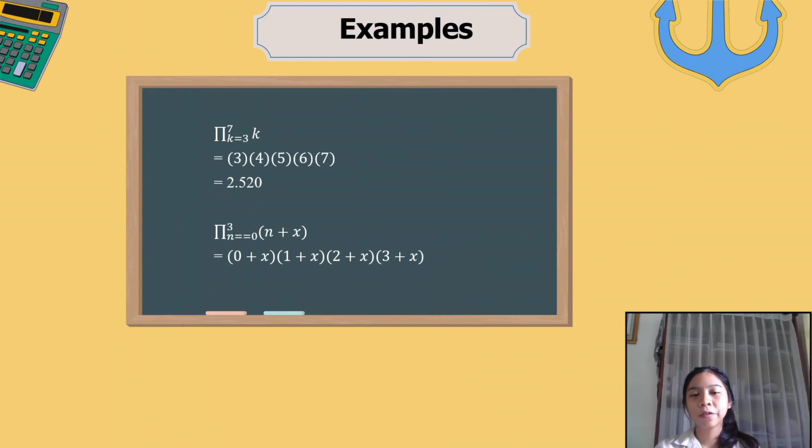And then for example 2, we have the pi of all n plus x for n is equal to 0 to 3. It means that 0 plus x times 1 plus x times 2 plus x times 3 plus x.